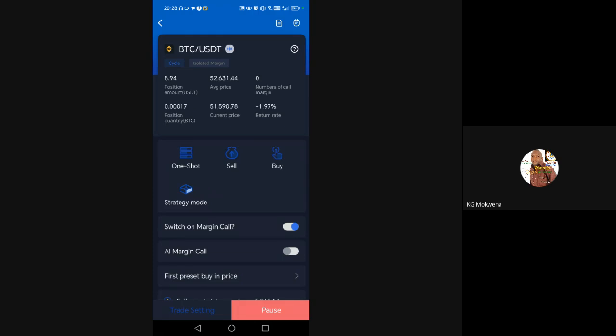But also, let's check what we did with a coin by trading with $9, for instance. For those who are watching, you can see Bitcoin was running with $8.94. So now, can you please click on the icon in the blue area on the top right corner next to the page?